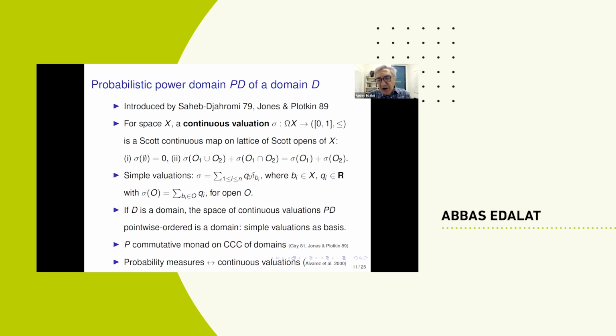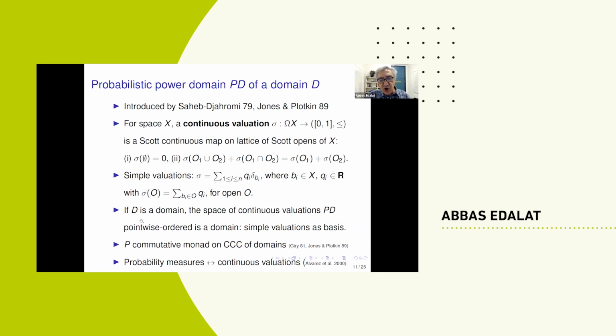So we take a finite number of real numbers Qi and a finite number of elements Bi of X, and symbolically this formal sum is defined as follows: sigma of an open set O is obtained by taking the sum of all the real numbers Qi such that Bi belongs to O. So it's a simple generalization of the finite sum of Dirac measures, for people who know what Dirac measures, point measures, are.